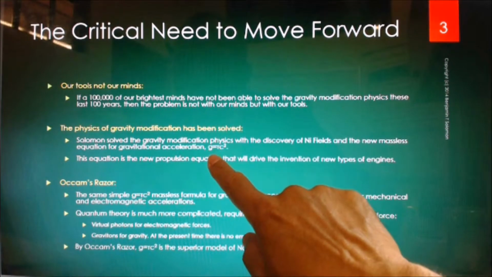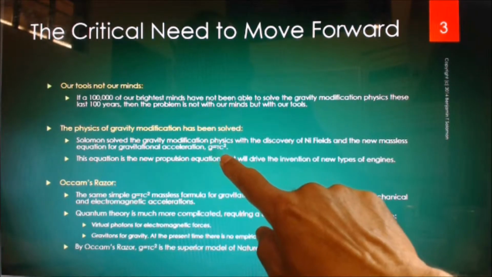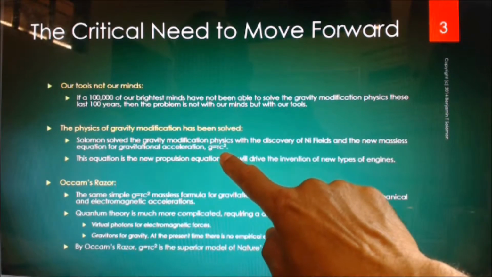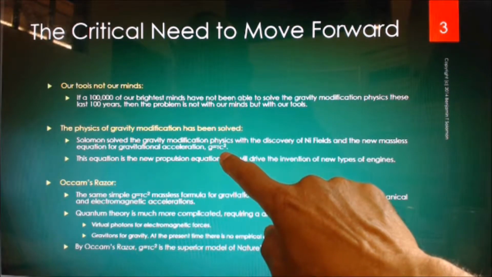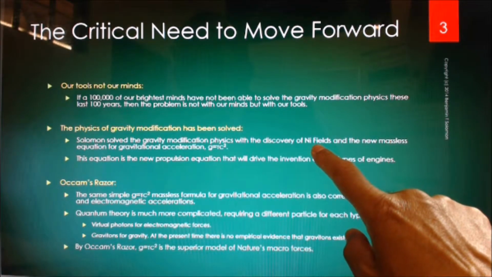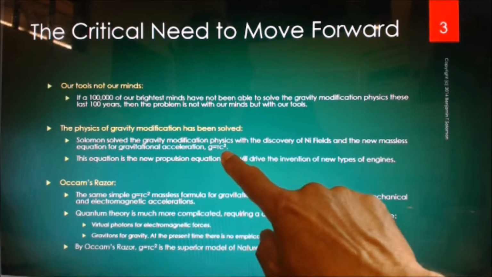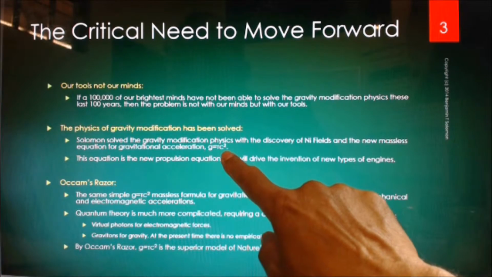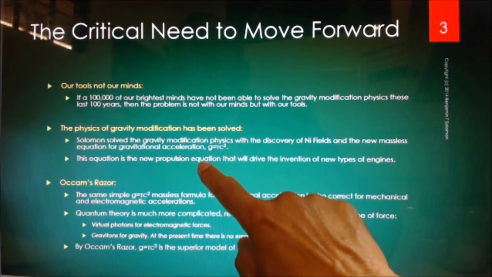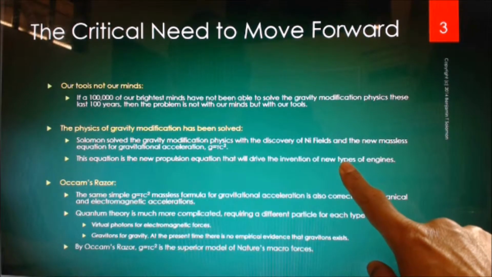I solved the gravity modification problem, gravity modification physics, with the discovery of the massless formula for gravitational acceleration, g is equal to tau c squared, and the discovery of non-inertia Nye fields. And since this equation has no mass, that means you're not expelling mass, you don't need to know the mass. This is the new propulsion equation that will drive the invention of new types of engines.